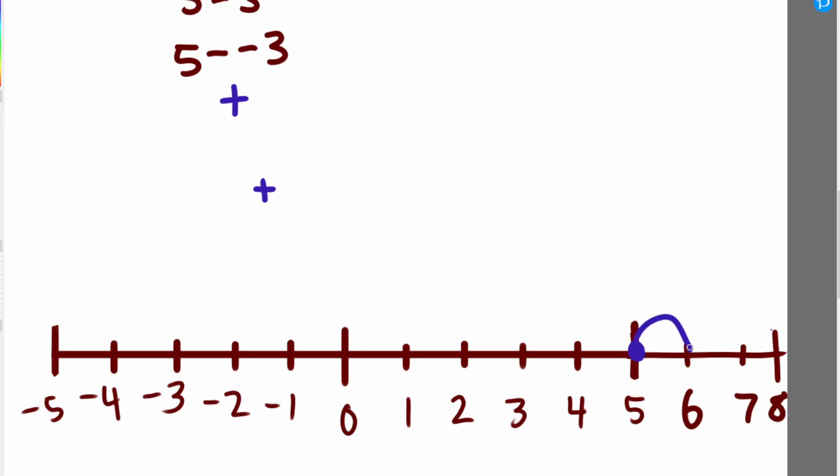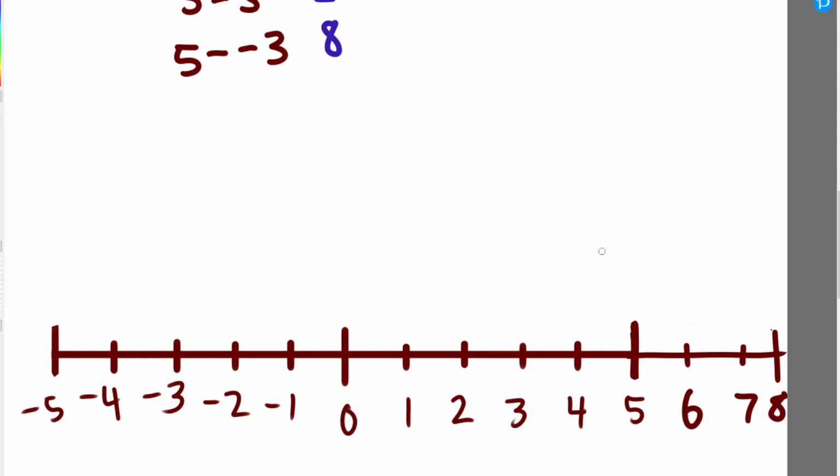We're doing 5 plus 3. So this basically turns it into a plus. Now we're at 8. So 5 minus 3 is 2, and 5 minus negative 3 is 8. So when you see something minus a negative, those kind of cancel out and turn into a positive.